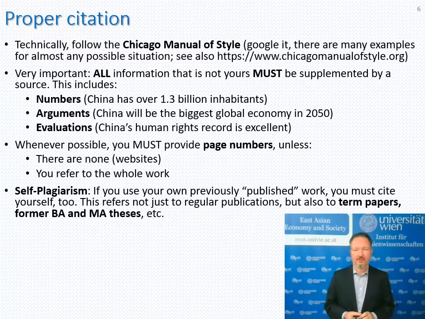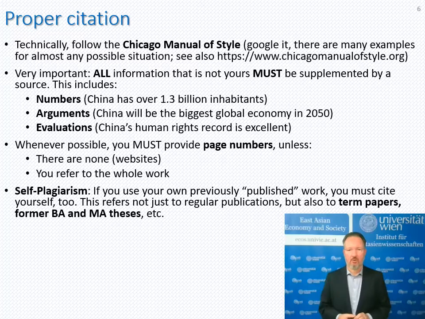Proper citation, well, we are in a master's program here, so I think this shouldn't really be such a big deal. Just let me remind you, especially in the age of digitalization, there are continuously new types of sources, so there might indeed be some kind of insecurity about how to properly cite them. Go to the Chicago Manual of Style. You can Google it.